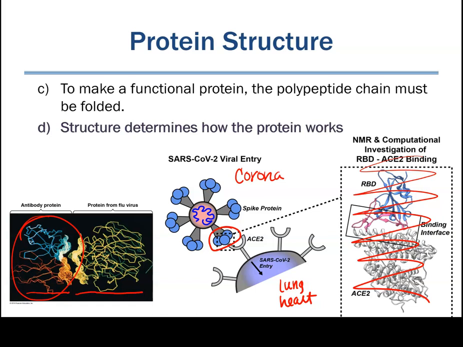That is how we mount an immune response to something invading our cells, such as the coronavirus. And it's all related to the shape of those proteins and the ability of those proteins to recognize specific shapes of other proteins.